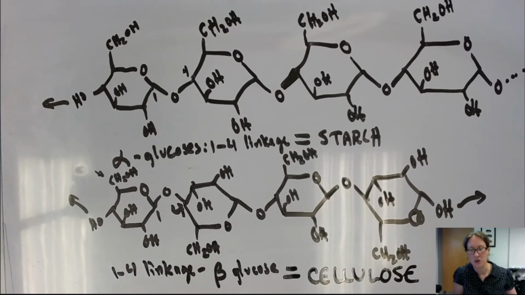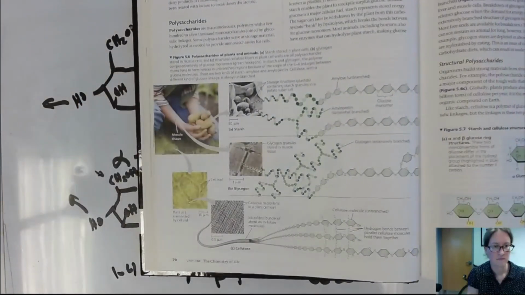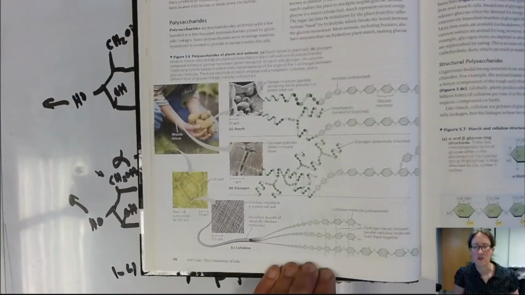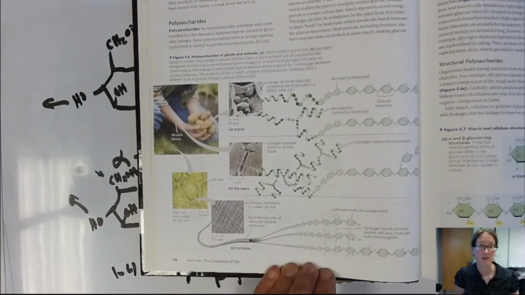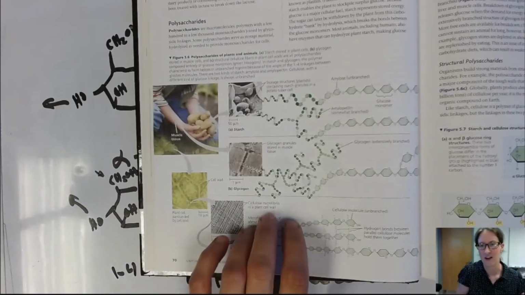And I'm going to show you another picture from your textbook that highlights some other possibilities for these polymers. Okay, so this picture brings us to the next things to know about carbohydrates, which is where they're found and what kinds of functions they have within cells. So let's talk about functions, and that's going to give us a clue as to where they might be found.